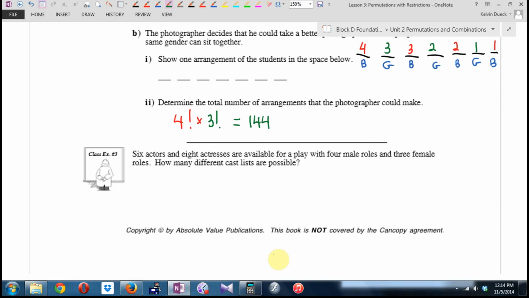Example 3. 6 actors and 8 actresses are available for a play with 4 male roles and 3 female roles. Can you all look up? Underline the word. Who remembers, what does and mean?